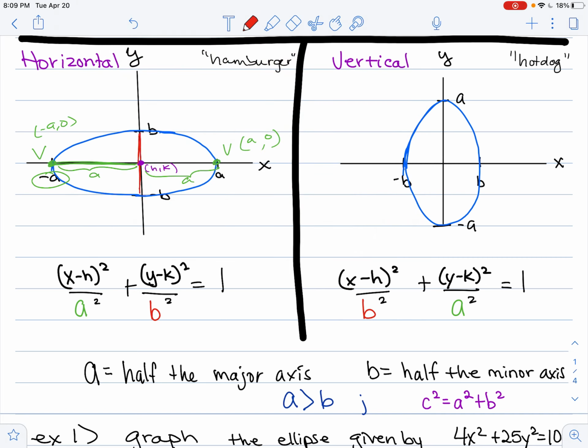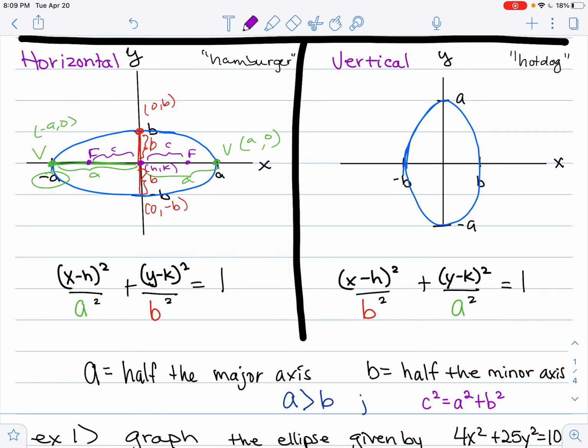The distance from 0 to B is B, and the distance from 0 to negative B is also B. So our co-vertices, if the center is at 0, would be 0 comma B and 0 comma negative B. And then keep in mind, once you find the value of C, it's going to go here, where these are your foci, where these are their values of C.